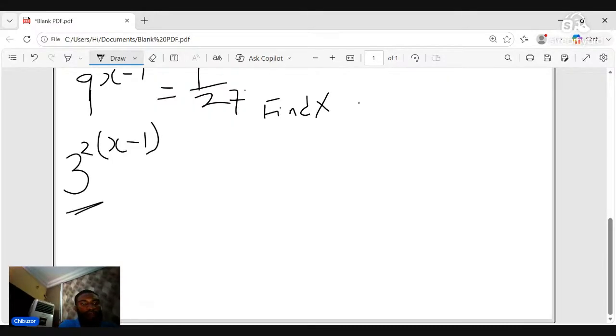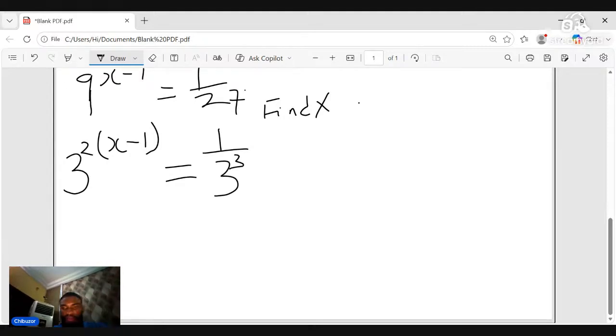This thing we've converted here is the same as 9, because 3 raised to power 2 is equal to 9, and it is raised to power x minus 1. We go to the other side and convert 27 as well: 3 raised to power 3.